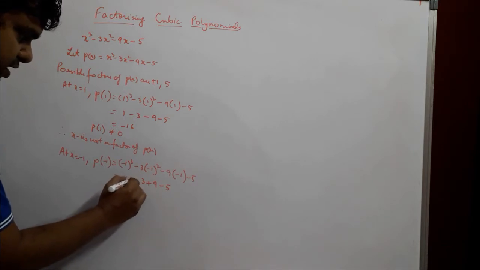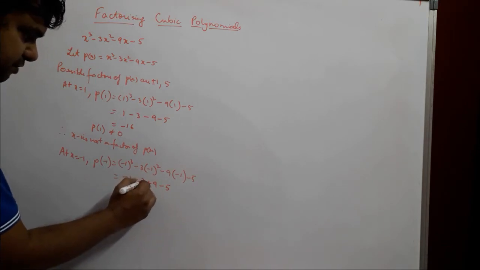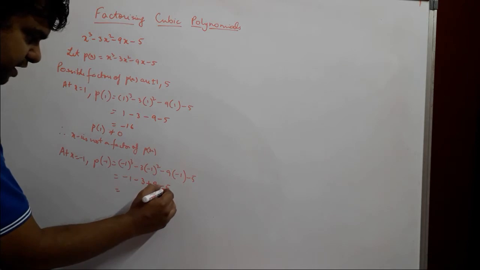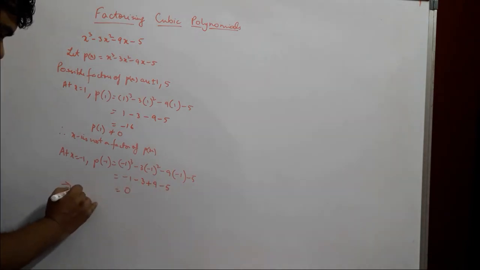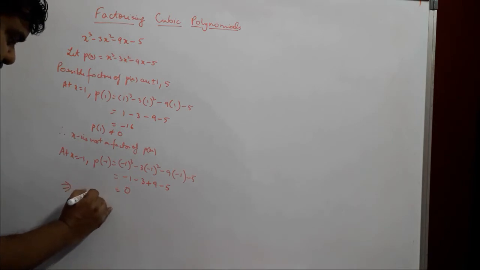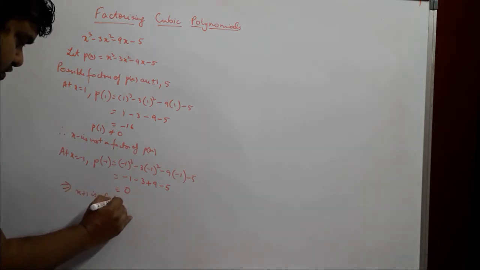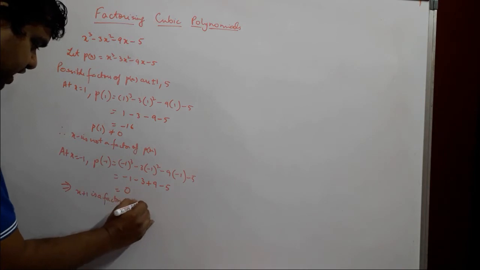So minus 1 and minus 3 gives us minus 4, minus 4 and minus 5 gives us minus 9, minus 9 and plus 9 gives us 0. So this implies that x plus 1 is a factor of p of x.